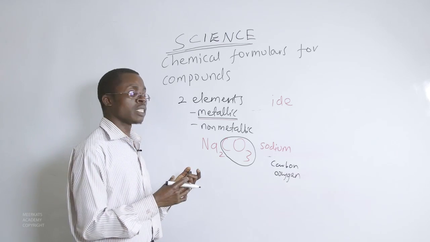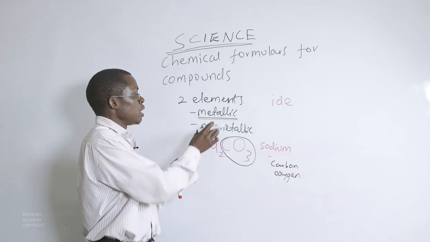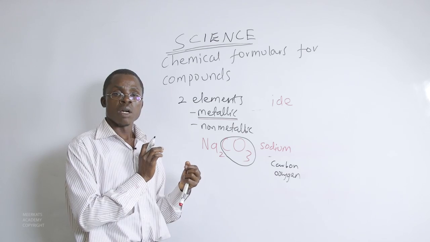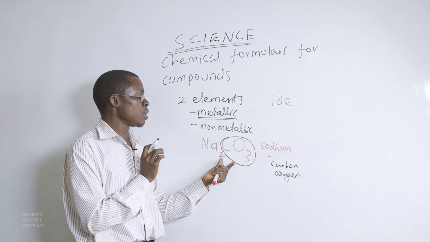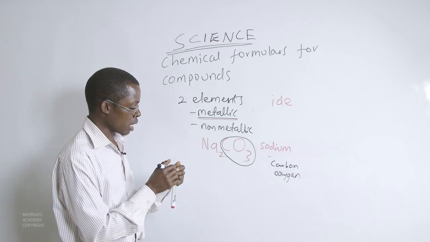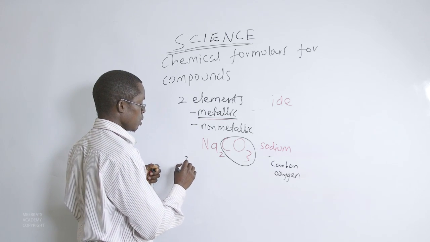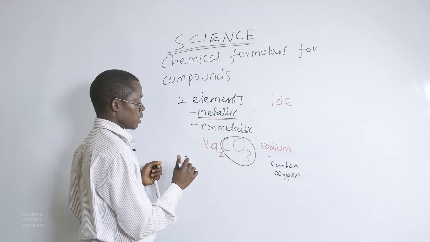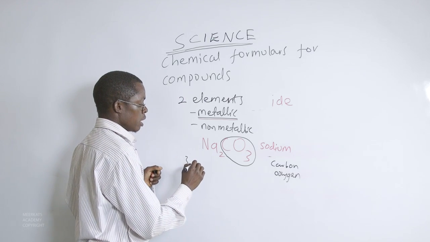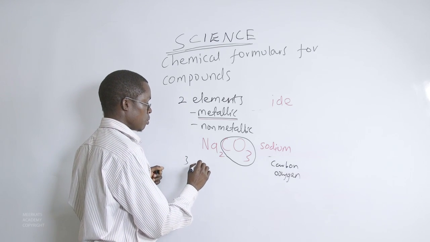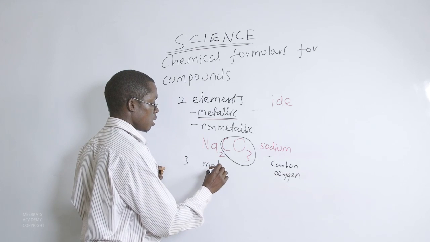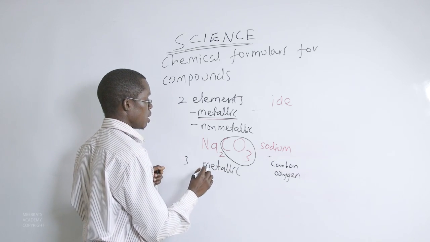So it becomes easier by now changing the rules on naming such compounds. And the rules are, for this second type, which is our third exercise: name the first element, which is metallic, as we have done.